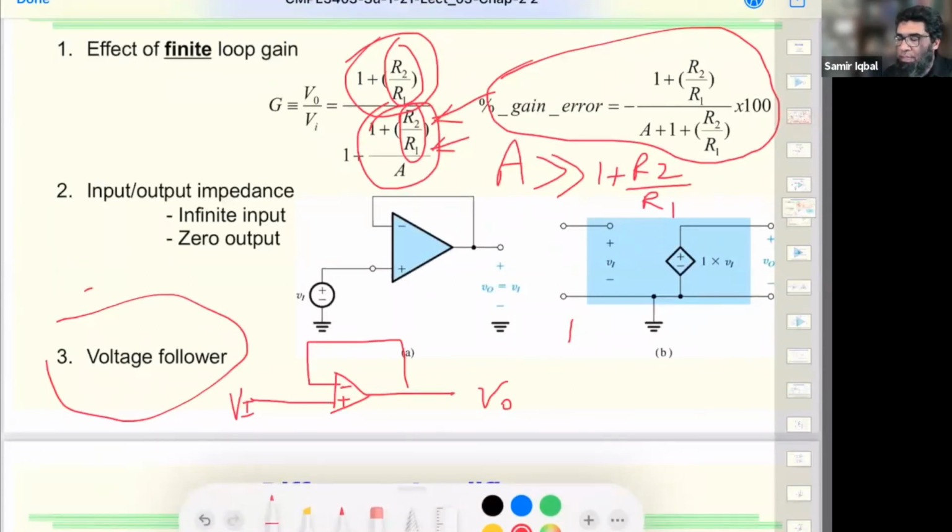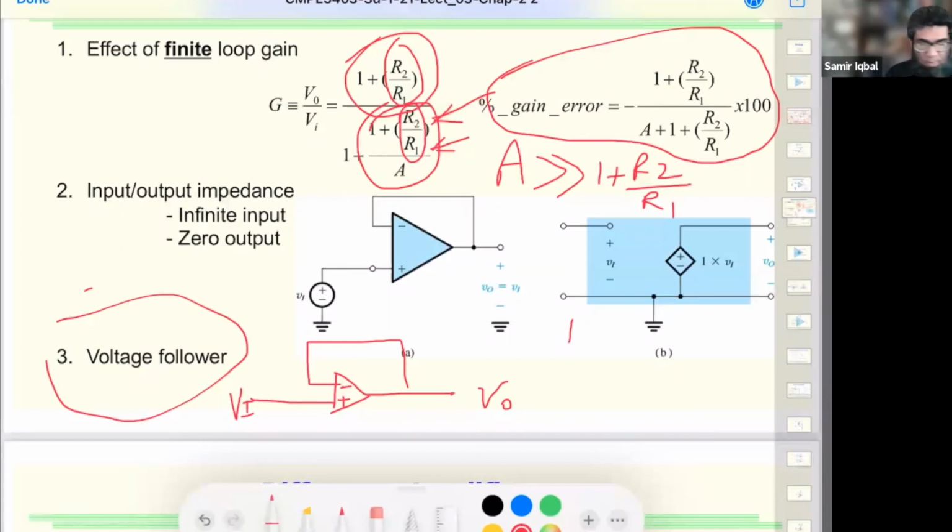So simply the output follows the input. And this is a unity gain amplifier, which is just used as a buffer between two circuits or two components.